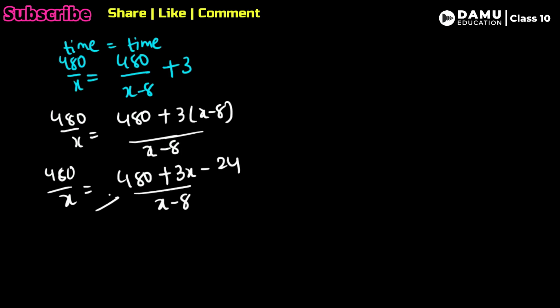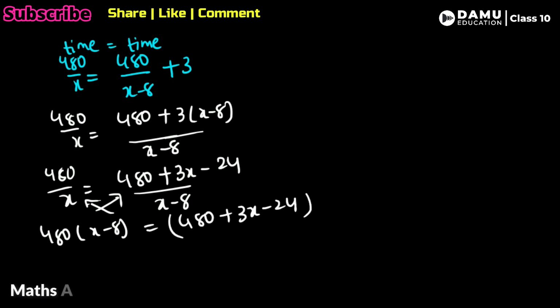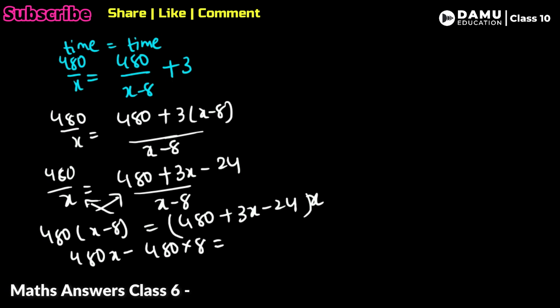So cross multiply all the values. So 480 into x minus 8 will be equal to 480 plus 3x minus 24 into x. So we can take it here 480x minus 480 into 8 will be equal to 480 into x plus 3x square minus 24x. So 480x and 480x will cancel.